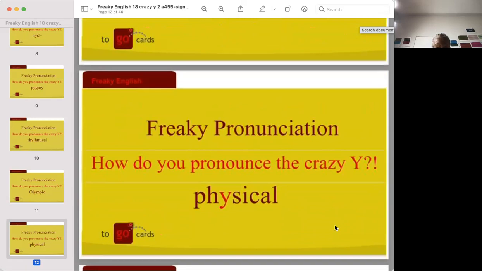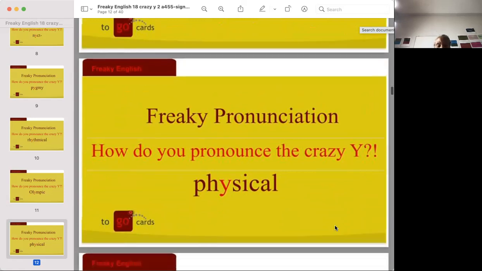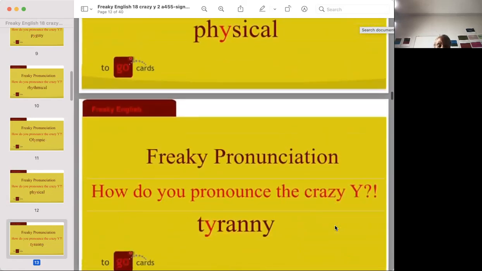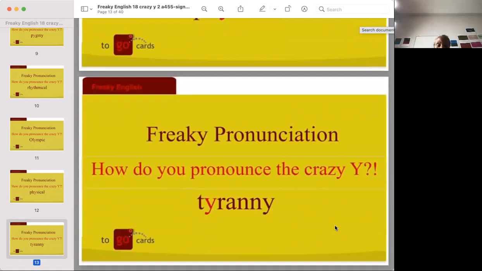I'm not saying there aren't any, but if there are, the word isn't common. Tyranny, I was going to say tyranny, but it's not, since I'm talking about the short Y. You hear people pronounce it one way, but the correct pronunciation is tyranny.